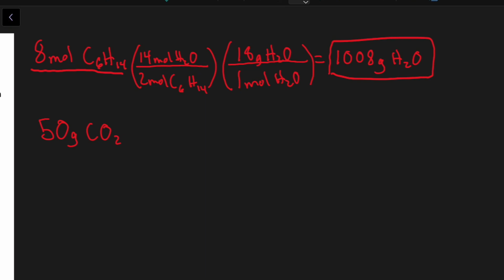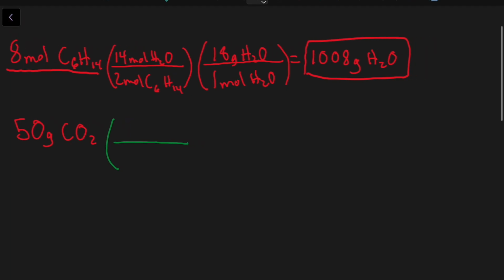Now you want to get from grams of CO2 to grams of oxygen, right? So the first step is to know how many moles of CO2 are equivalent to this 50 grams. To do that, you use the molar mass of CO2, which is 44 grams of CO2 per 1 mole of CO2.